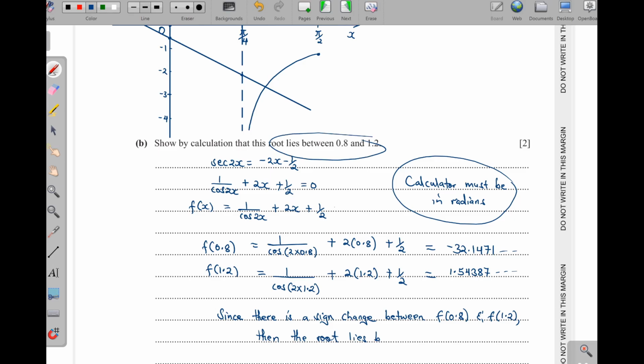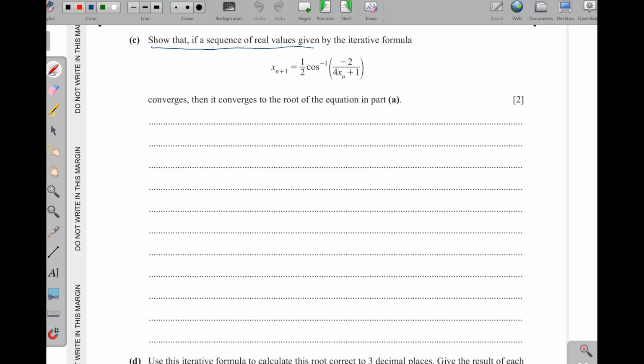You just write this statement. Part C: show that if a sequence of real values is given by the iterative formula, this one here, converges, then it converges to the root in part A.